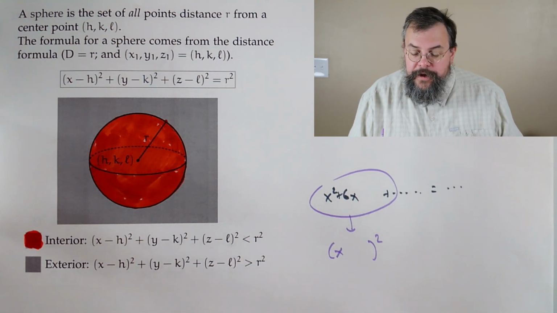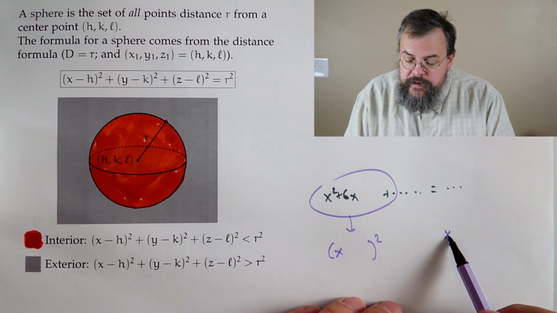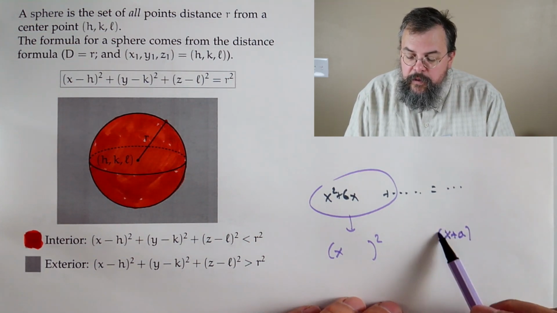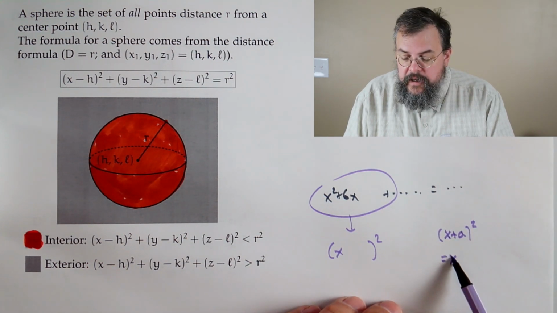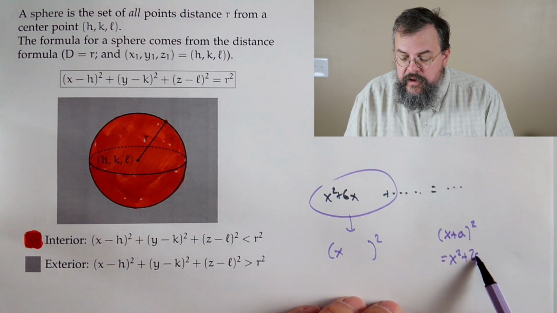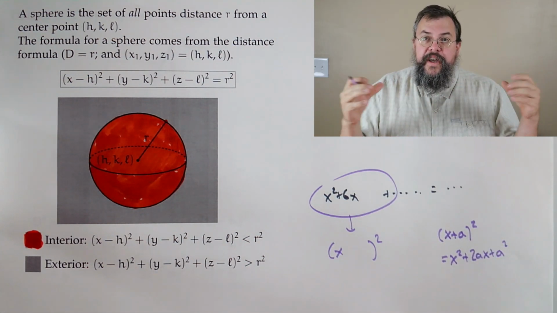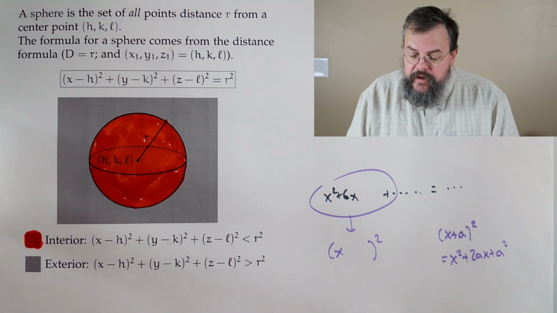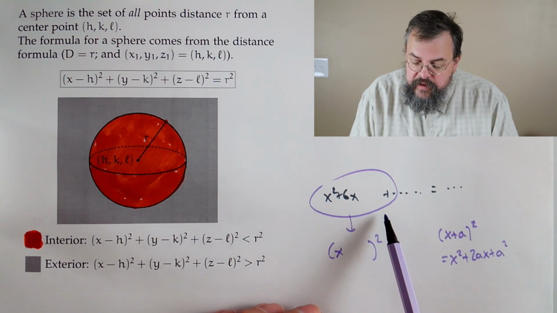If it were a square, so in other words, (x plus a) squared, then what we would get is x squared plus 2ax plus a squared. That's what happens when you multiply out (x plus a) squared. So I'm starting with x squared plus 6x.